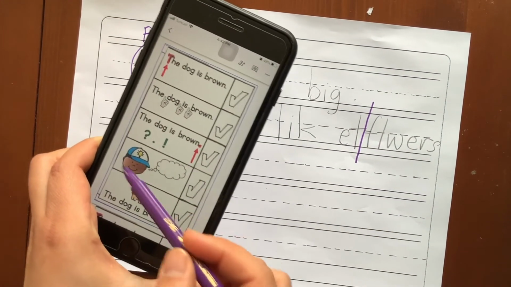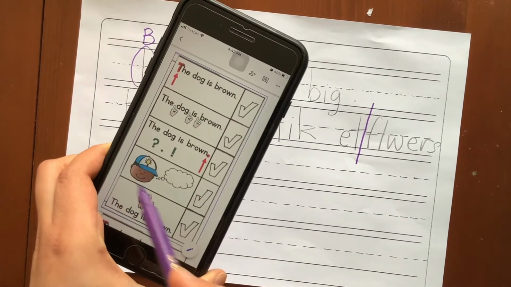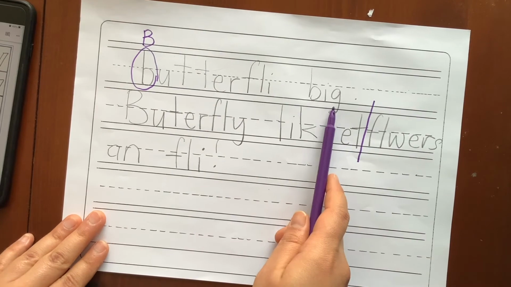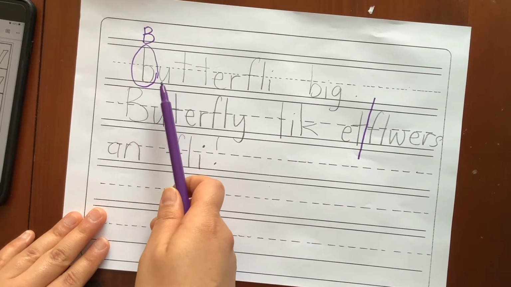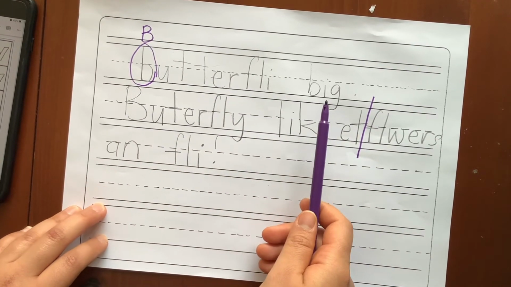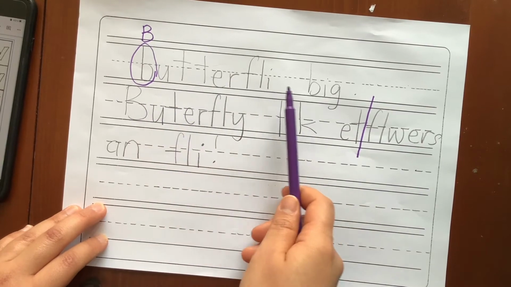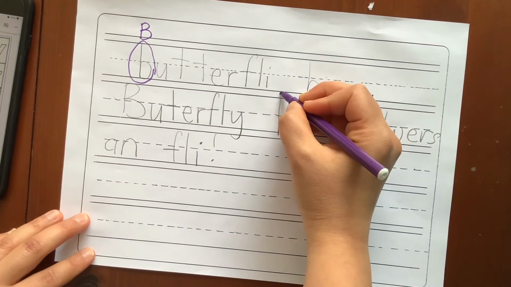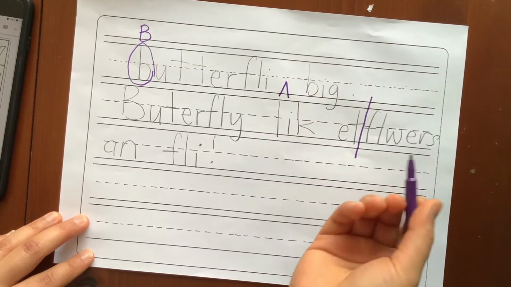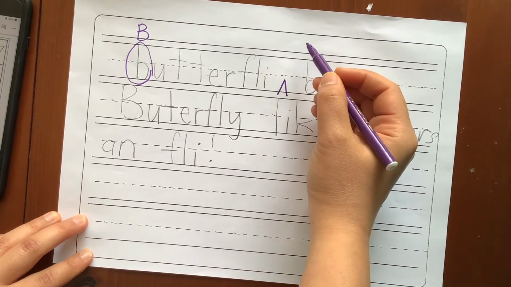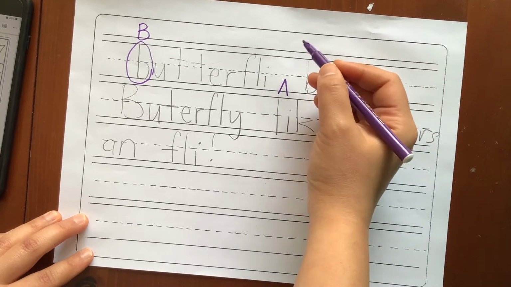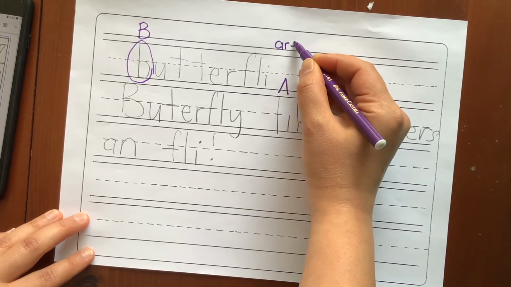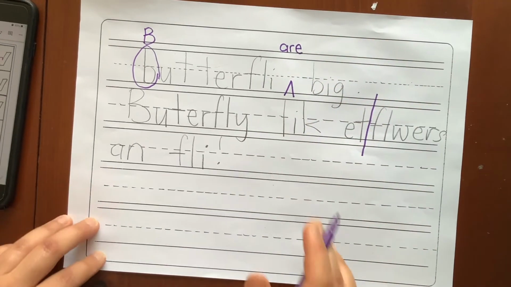This one is to see if their sentence makes sense. So we're going to read "butterfly big." So you can tell them, okay, it will make a little bit more sense if we wrote the word butterflies are big. So they've learned this little caret part, we draw, and then they can write the word are. If they need help writing the word are, you can help them sound it out and write it. But are is one of the sight words we've learned, so they should remember are.